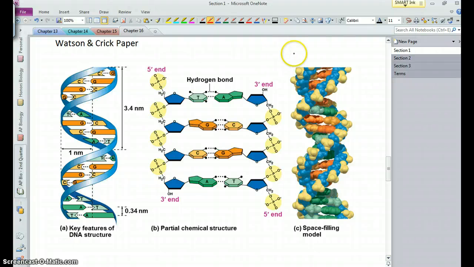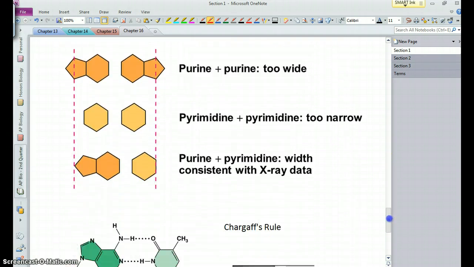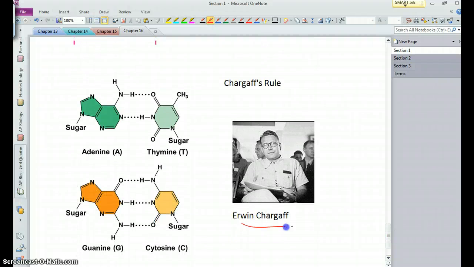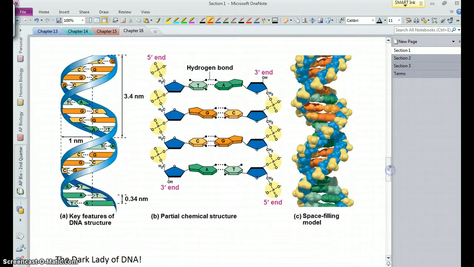And by using also some other information that was available from Erwin Chargaff, he came up with Chargaff's rule that the amount of adenine is equal to the amount of thymine and the amount of guanine is equal to the amount of cytosine. Using that information as well, they were able to figure out the shape of the molecule, with the adenines bonded to the thymine in the middle and the cytosines bonded to the guanine.